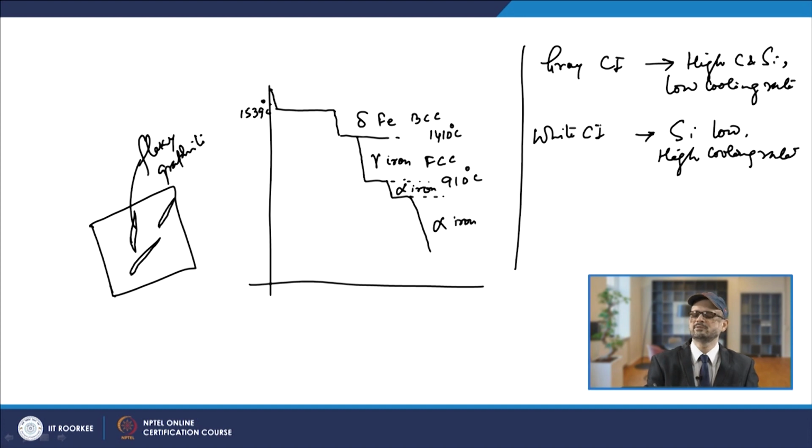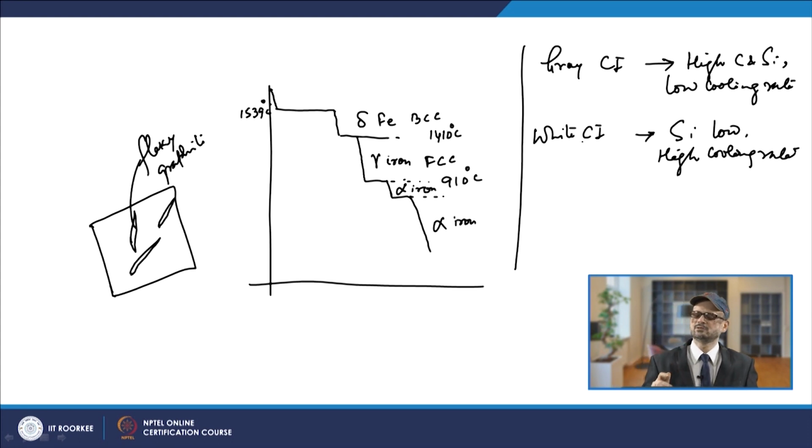If the cooling rate is higher, you are likely to get Fe3C, which is known as the combined form. So you get carbon in the form of carbide. That is your white cast iron. It is extremely hard and normally not used much for engineering applications, except where you need extremely high hardness, like in the case of rollers.